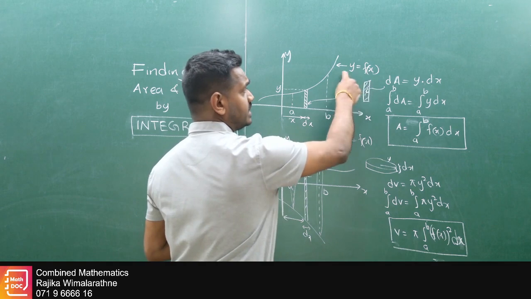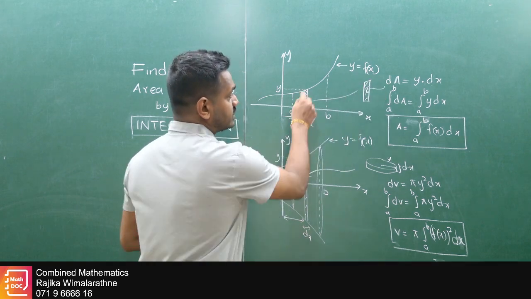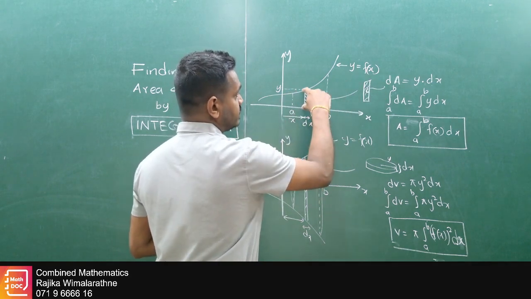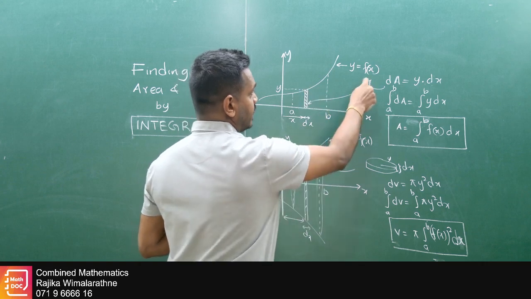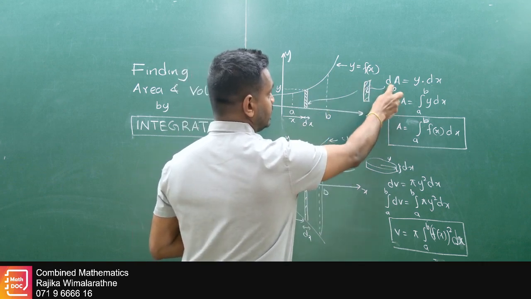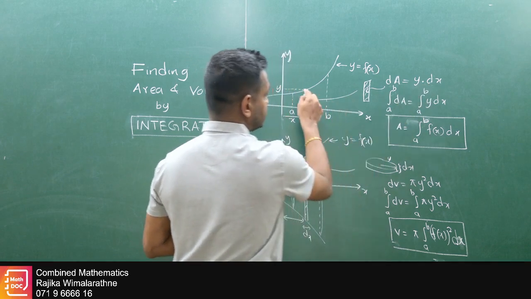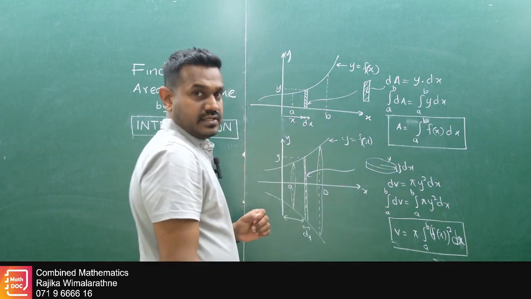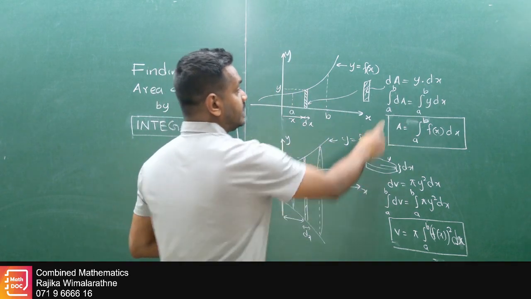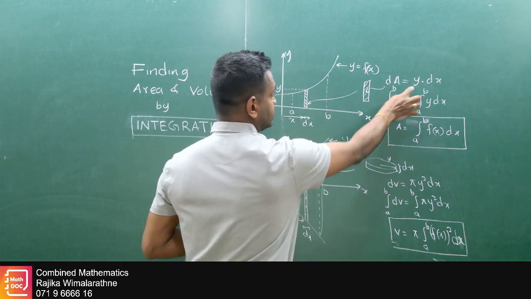So here y is a function f(x), then this coordinate will be y, therefore this height will be y. Therefore the area of the small tiny part, we say dA, is y times dx. You consider this one as a rectangle. Then dA equals y times dx.